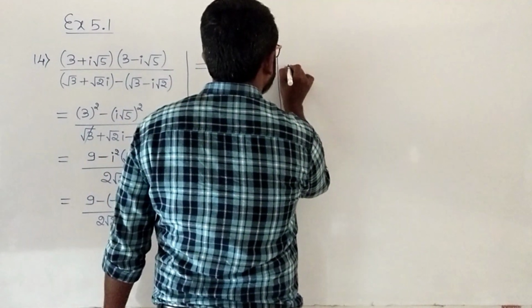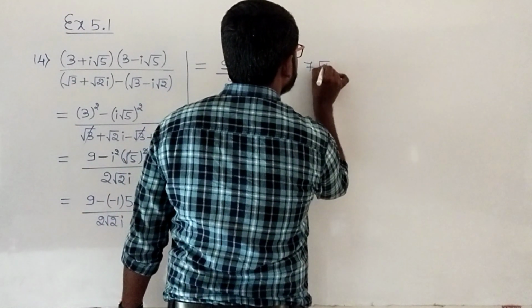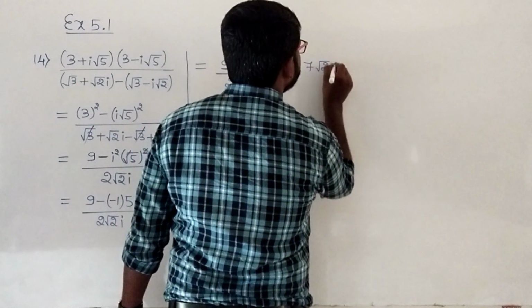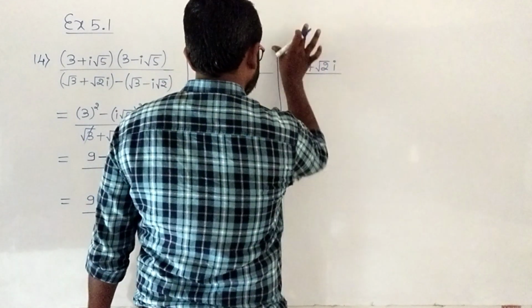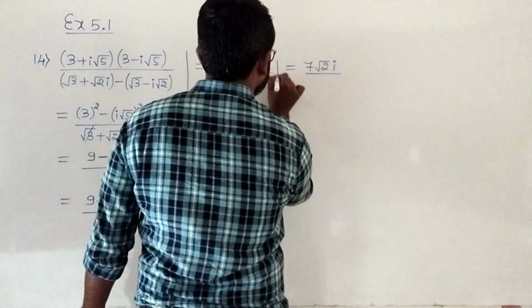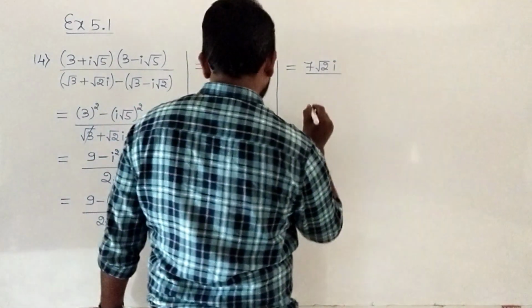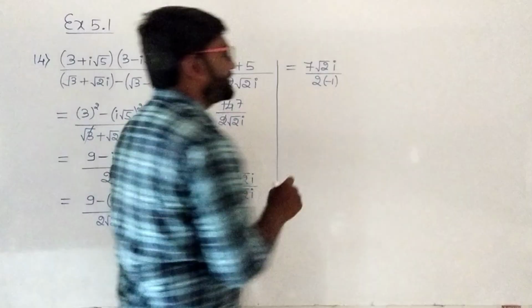Then it is equal to 7 times root 2i divided by 2 into i square, which is minus 1. i square is minus 1.